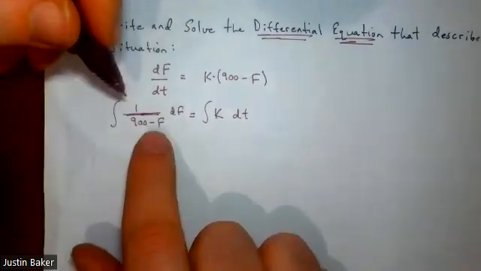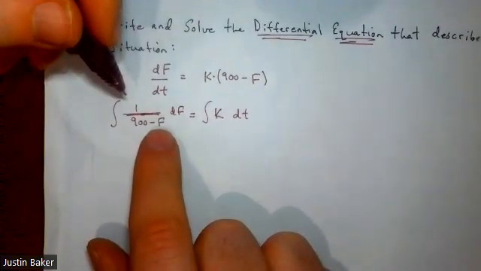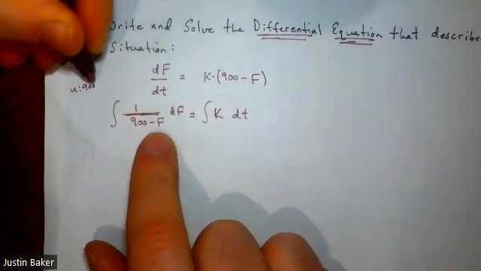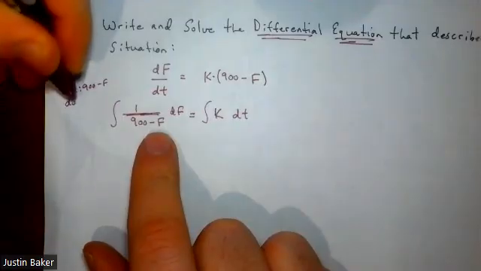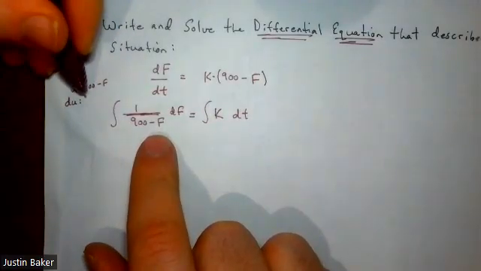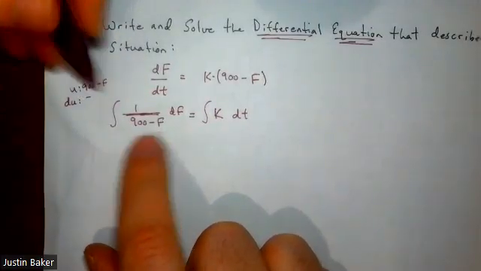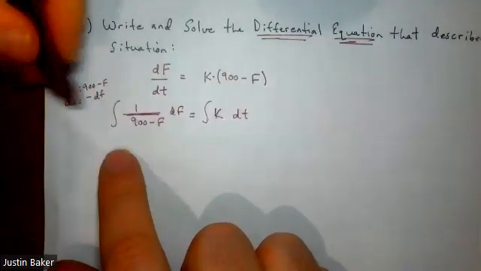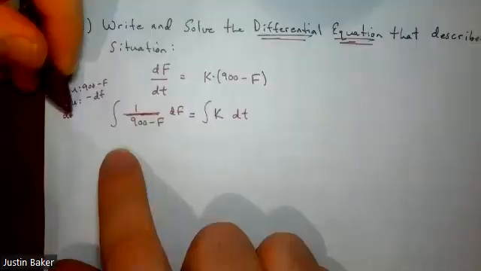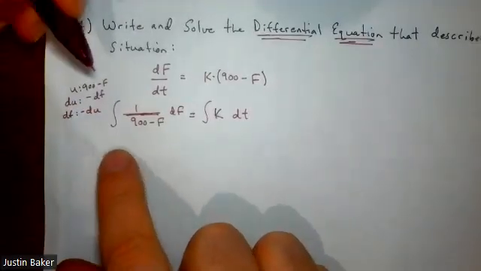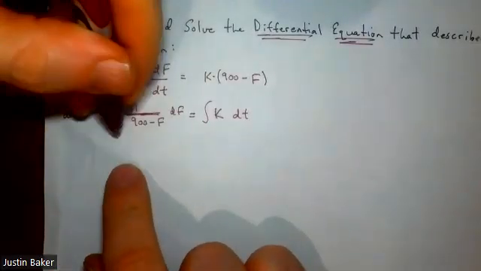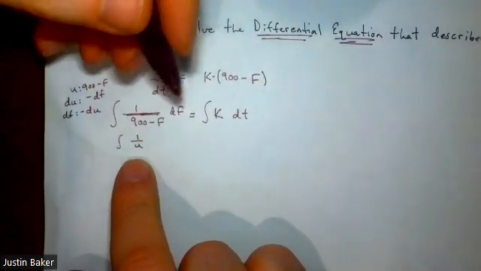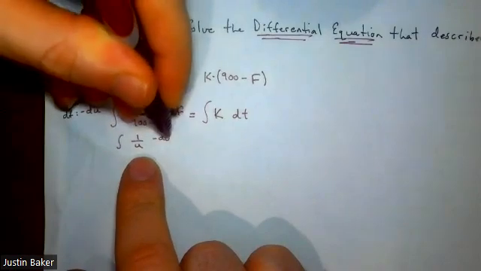Yeah, but now the only reason I said be careful is because this is a negative. So if we do U substitution, u is 900 minus F. So du is going to be negative 1 dF. And then that would make dF negative du. So when you do this, this would be the integral of 1 over u, and then it's negative du.